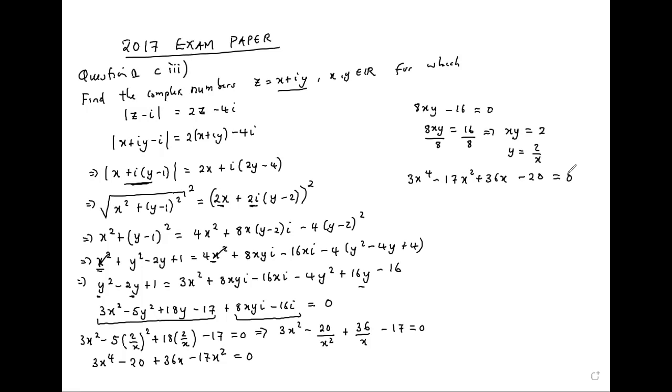So for x, you look for zeros that will satisfy this. So let's see. If we use 1, then we're going to have 3 minus 17 plus 36 minus 20. This is not 0.